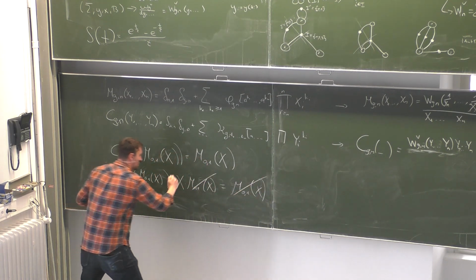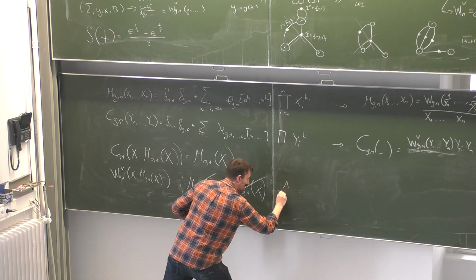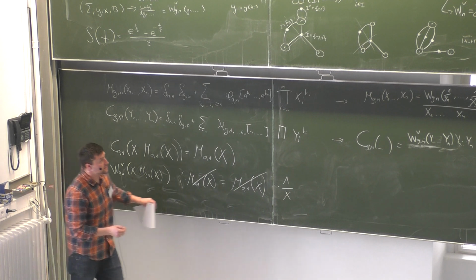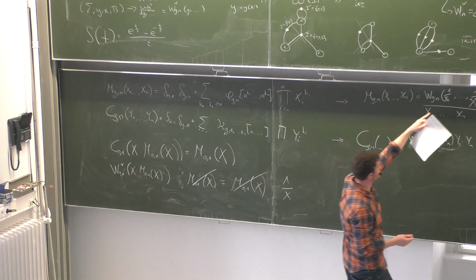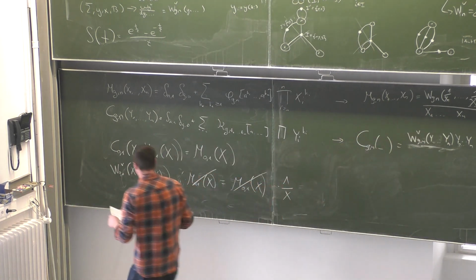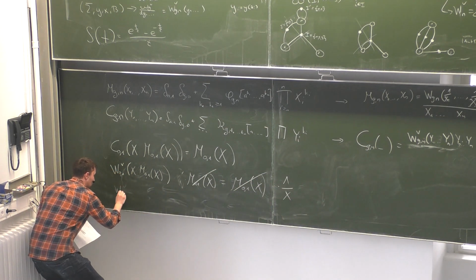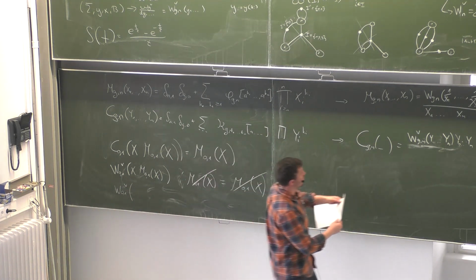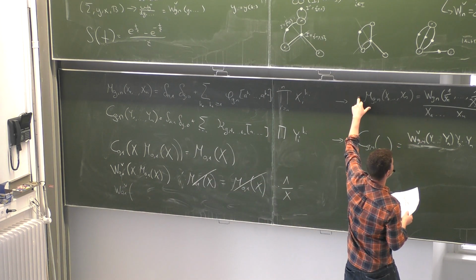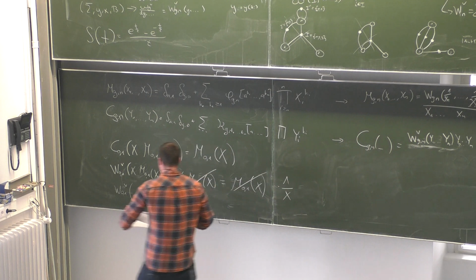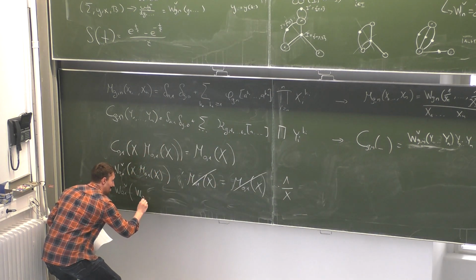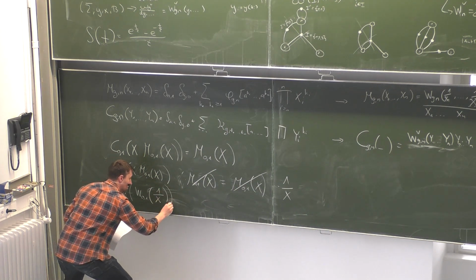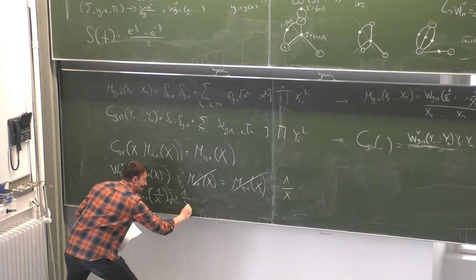We can bring this to the other side. Then we insert the definition here, and we multiply by x, and this is left, so we have W_{0,1}(1/x) is equal to 1/x.